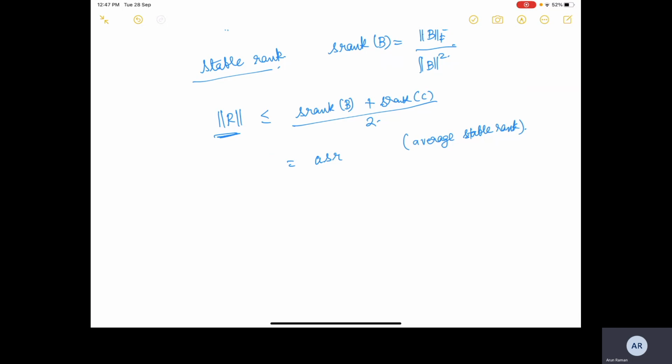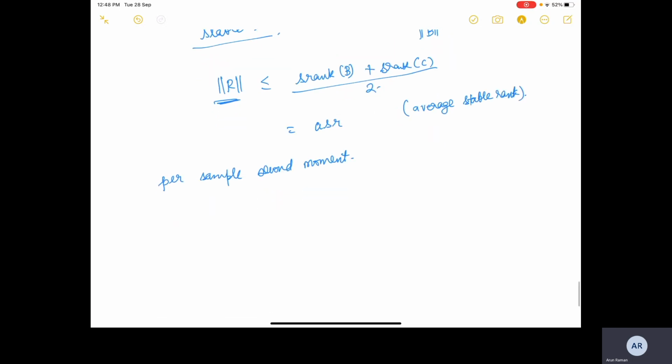Next, we are interested in the per sample second moment. So the per sample second moment of R is the sum over j equal to 1 to N.